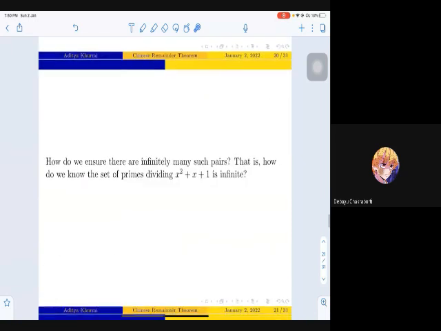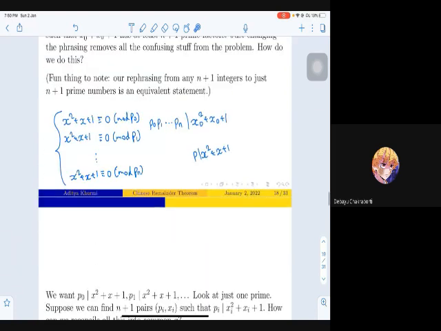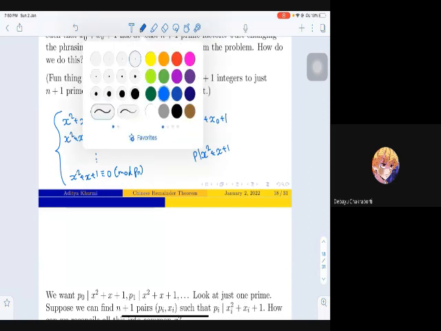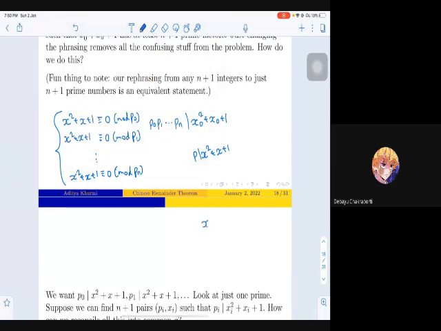So how do we know? We basically want to know that the set of primes dividing x squared plus x plus 1 is infinite, because we want n plus 1 prime factors for any n. We want arbitrarily many prime factors of x squared plus x plus 1. Once you have a solution, suppose you get some x0 mod p0, and x is congruent to x1 mod p1.